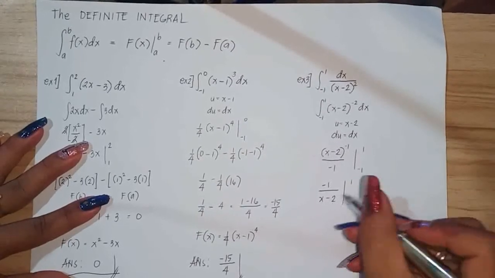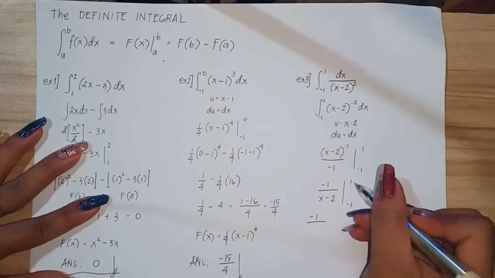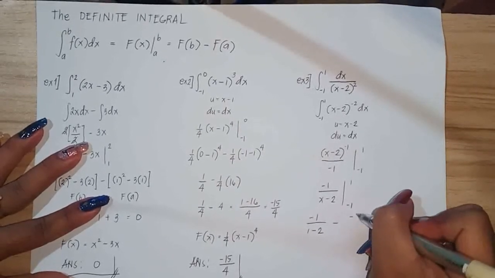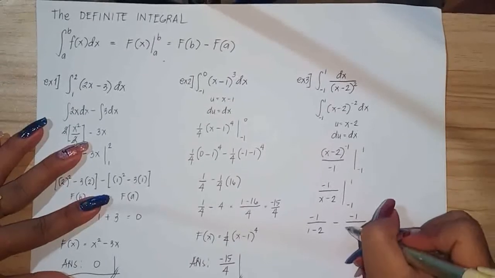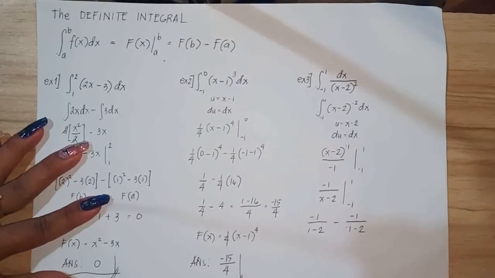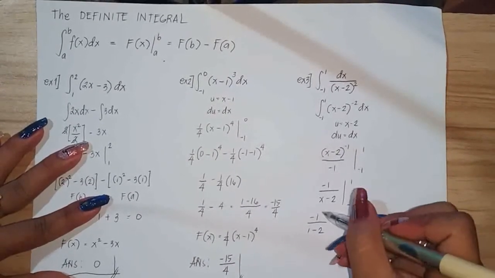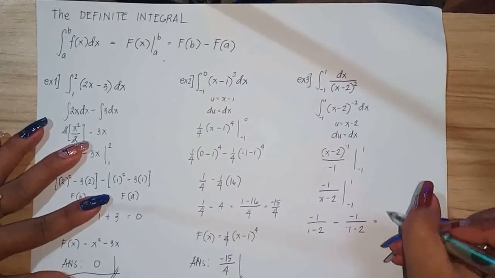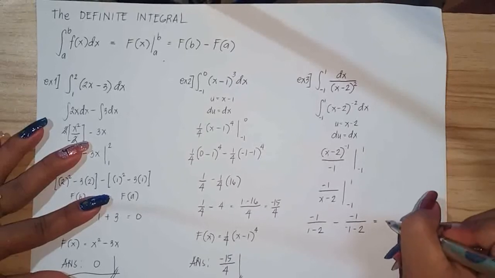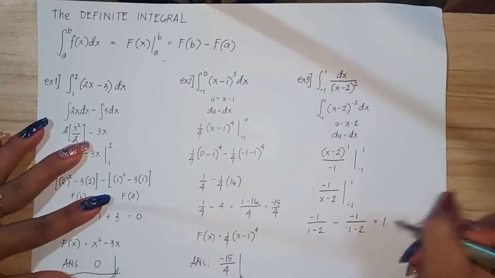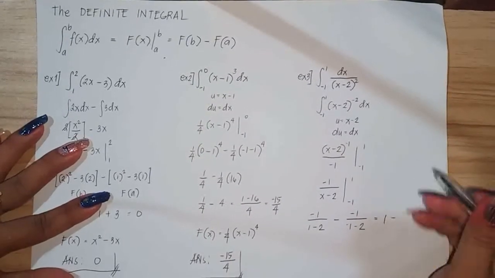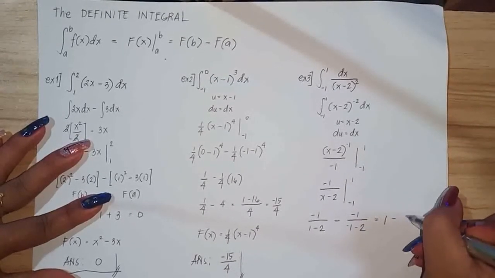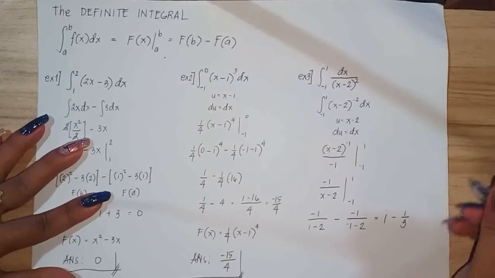So evaluating your limits, that is -1 over 1 minus 2, minus the -1 over -1 minus 2. So first fraction, that's -1 over 1 minus 2, that's also -1. -1 over -1 is +1. Then minus -1 over -3, that's +1/3.